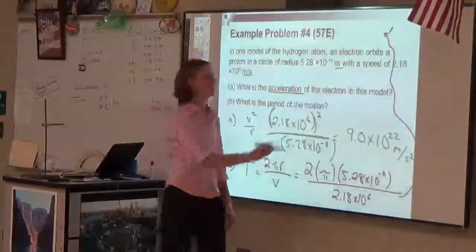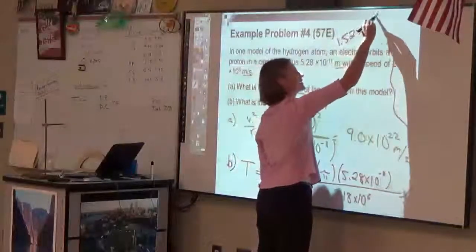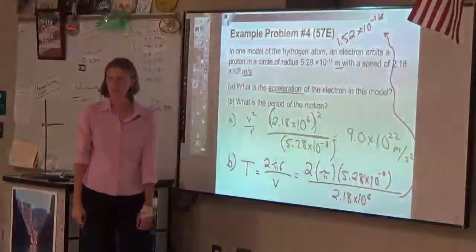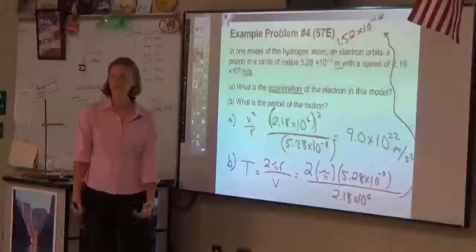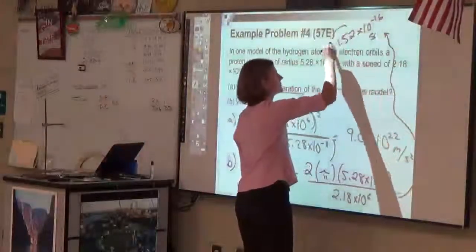What's 1.52 times 10 to the negative 16. Okay? And what unit would that be for period? This is a time, so that's seconds. So that's the time of one revolution, of one cycle.